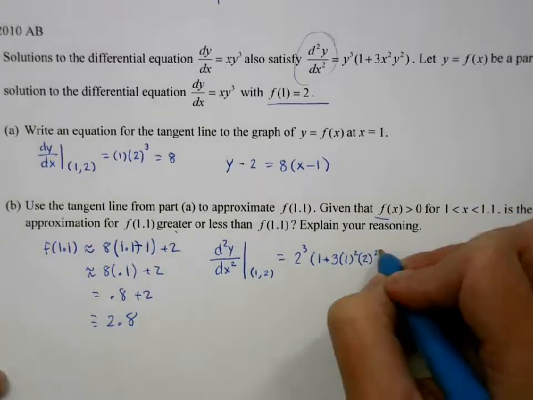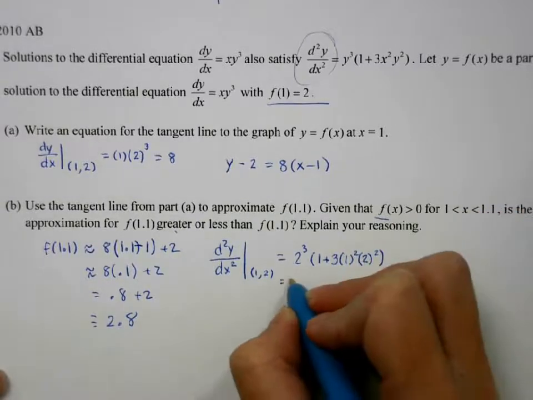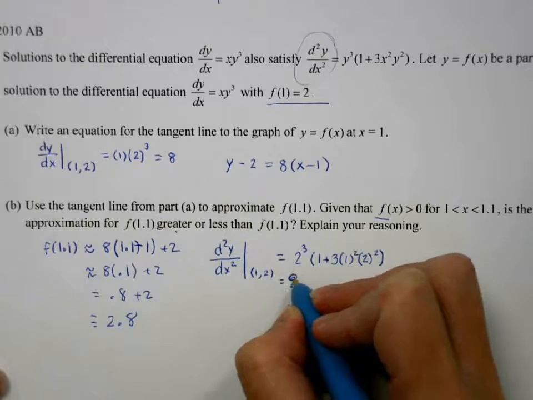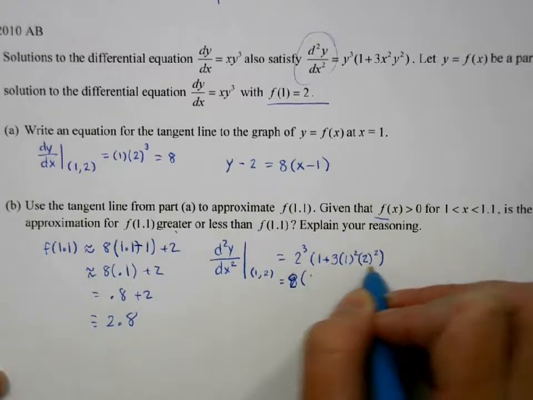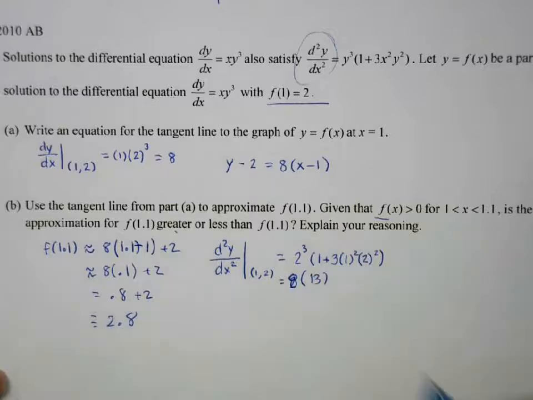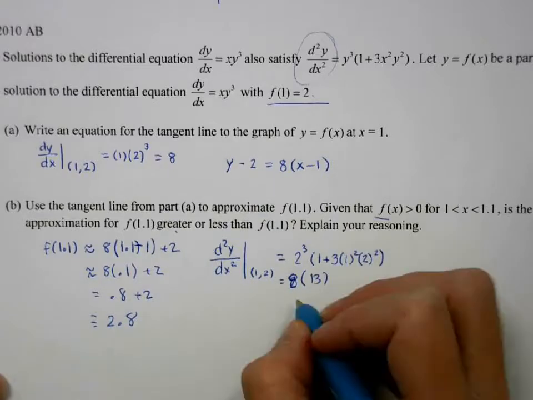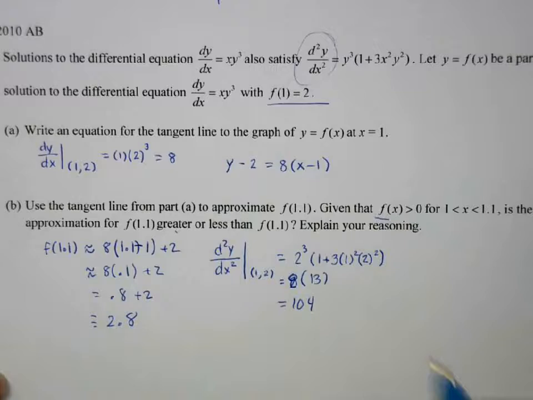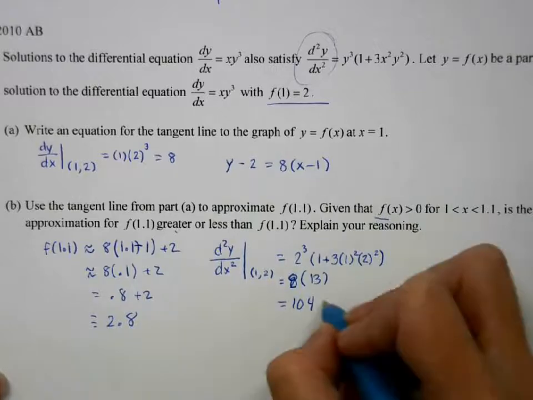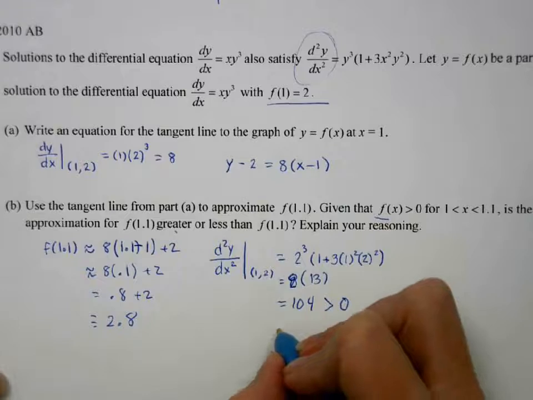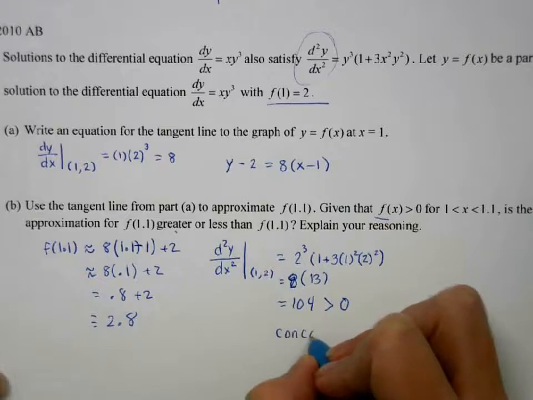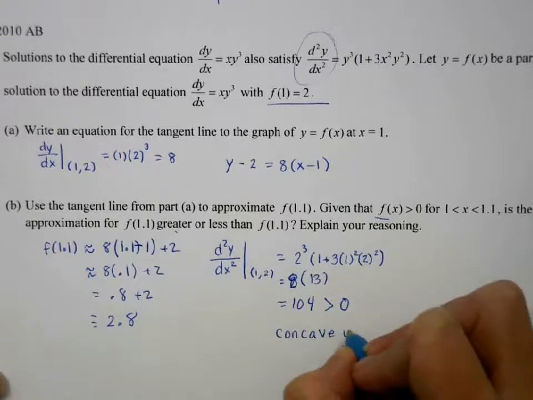I'll clean it up a little bit, so this will be 8. 1 plus this will be 12, so 13, so 8 times 13 is 104, but whether you know that exact value or not, we know it's going to be a positive number. So it's going to be greater than 0, which means this is going to be concave up again, which means this is an underestimate.